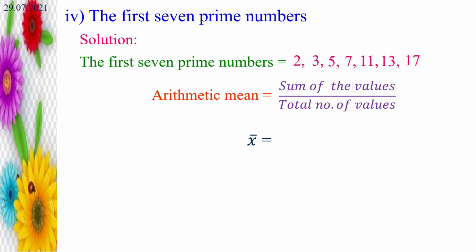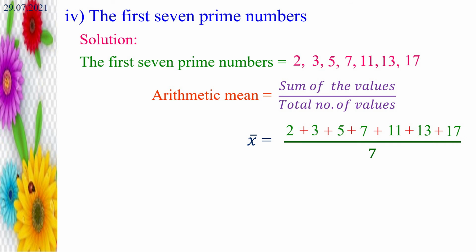X bar is equal to, we have to add the prime numbers: 2 plus 3 plus 5 plus 7 plus 11 plus 13 plus 17 divided by the total number of values. Here it is 7. So on adding, we get 58 divided by 7.